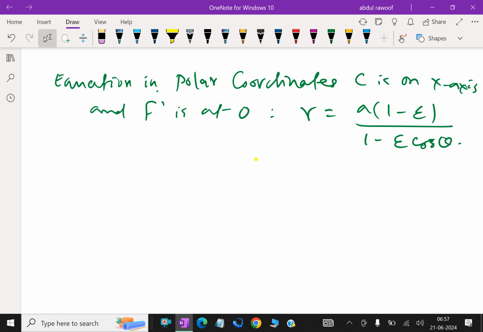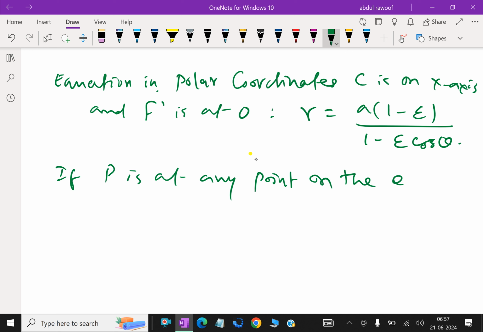Now, if P is any point on the ellipse, then PF, the distance from P to one focus, plus PF dash, the distance from P to the other focus, is equal to 2a, that is, the major axis.